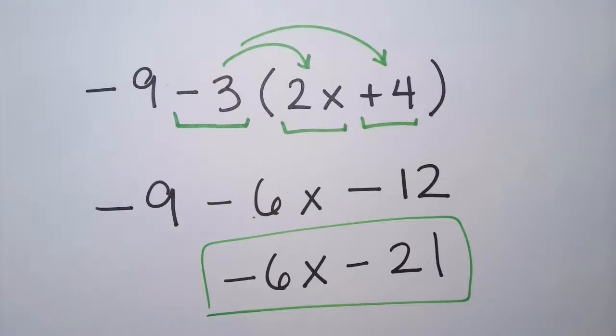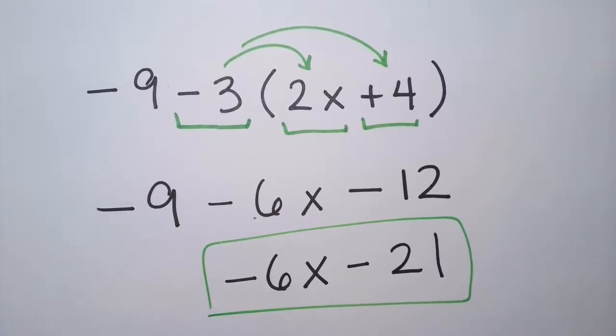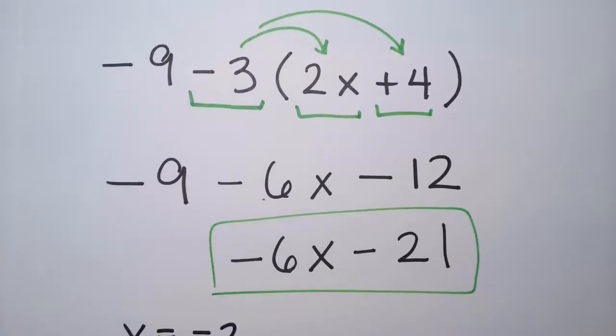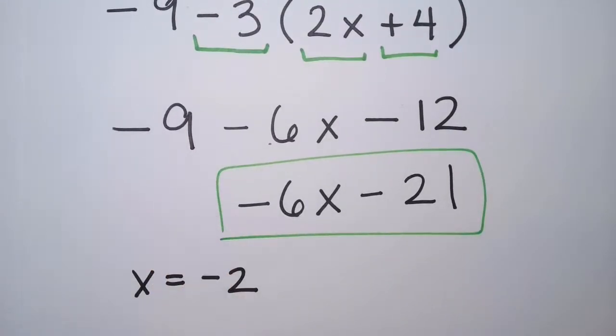All right, I want you to do something for me. Remember last time we were plugging in values? Tell me, what is this expression equal to when x is equal to minus 2? Can you do that for me? Okay, what is the expression equal to?